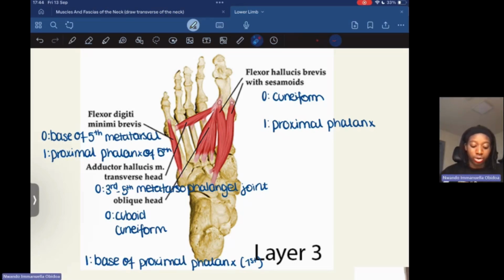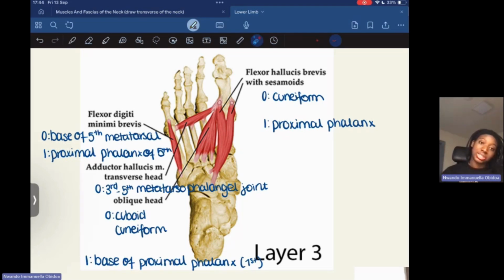And then you have your adductor hallucis, which has two heads, your transverse head and your oblique head. The transverse head comes from the metatarsophalangeal joint, the third and the fifth one. And then the oblique comes from your cuboid and your cuneiform bones. And then they both insert on the base of the proximal phalanx.